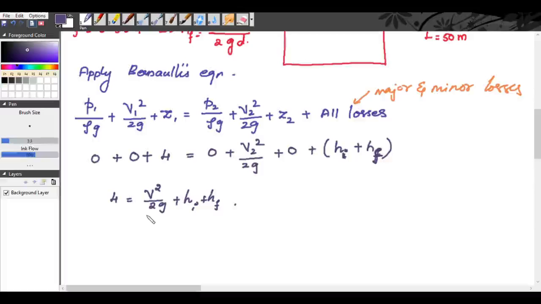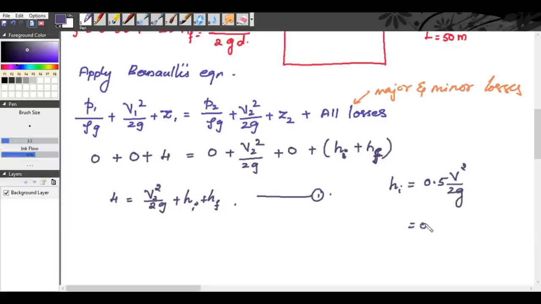Now, what will be the velocity in pipe? Let us take the velocity in the pipe as V. So this is V2 square. Let it be V2, no issues. So this is equation number 1. Now what is HI? HI, that is loss due to the inlet. The formula is 0.5 V square by 2G.